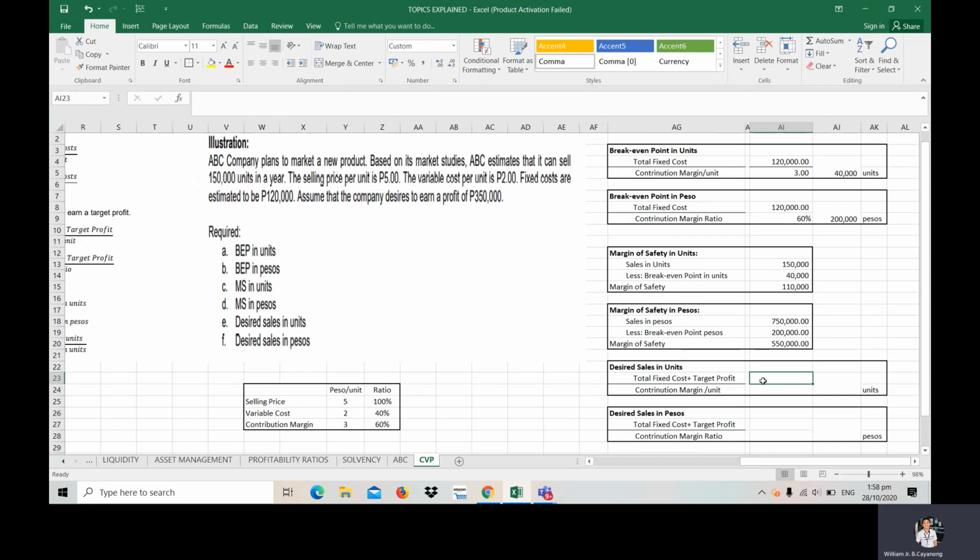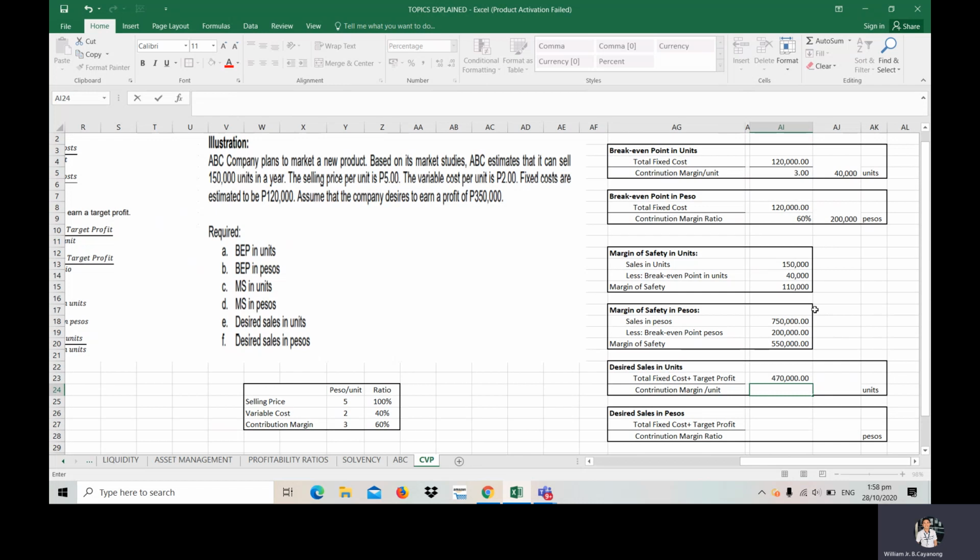So we add the fixed cost, which is 120,000, plus the target profit, 350,000 pesos. So that's 470,000. Our contribution margin per unit is 3 pesos.